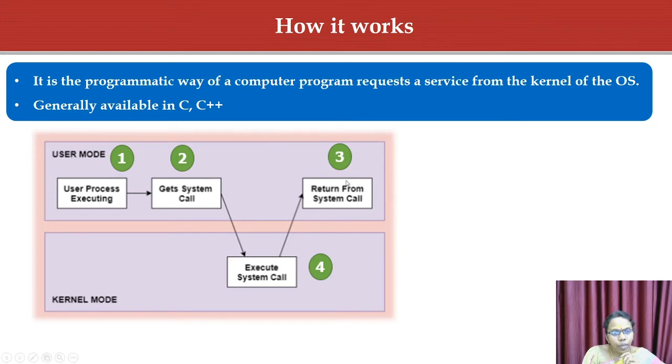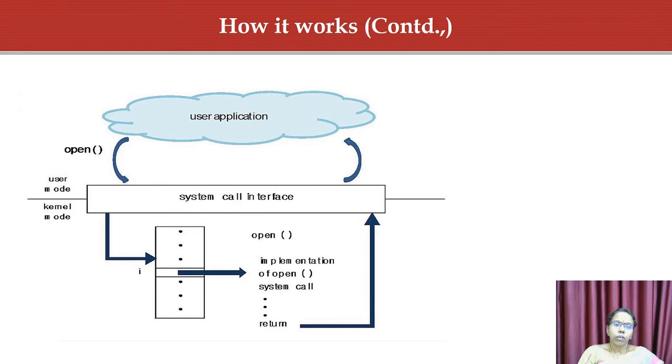So in this way the system call works. System calls are mainly written in assembly language instructions, and in high level languages like C and C++ we use system calls. Microsoft Windows implements system calls through the Win32 API, application programming interface. So this is the way system calls work.